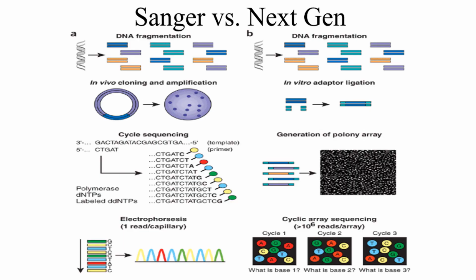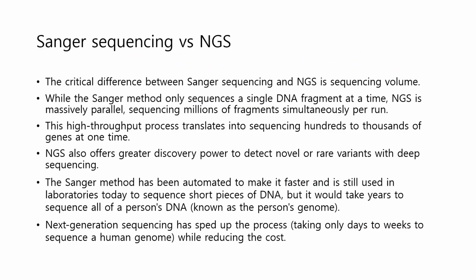This figure shows the steps of Sanger versus next generation sequencing. The most critical difference between Sanger sequencing and NGS is sequencing volume, because Sanger sequencing can sequence one DNA fragment at a time, while NGS deals with thousands or millions of fragments simultaneously.